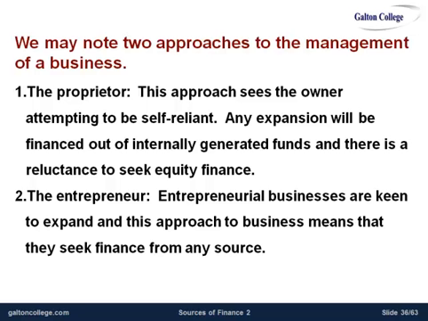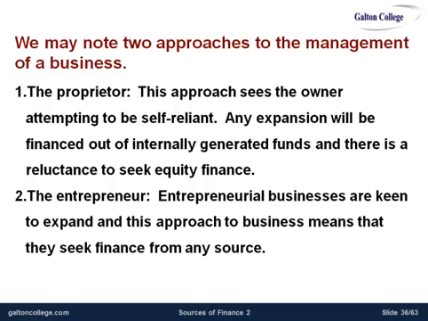Now, there are two approaches to the management of a business. Well, we have the proprietor. This approach sees the owner as attempting to be self-reliant. This is the small business person, the proprietor. Any expansion is usually financed out of his or her own pocket.